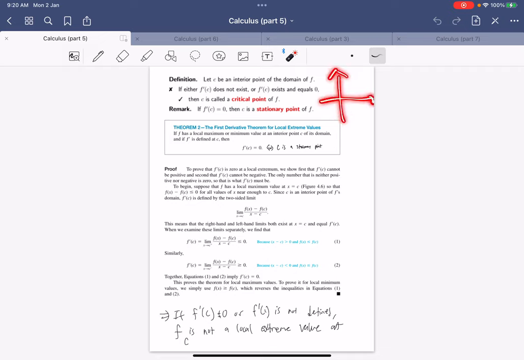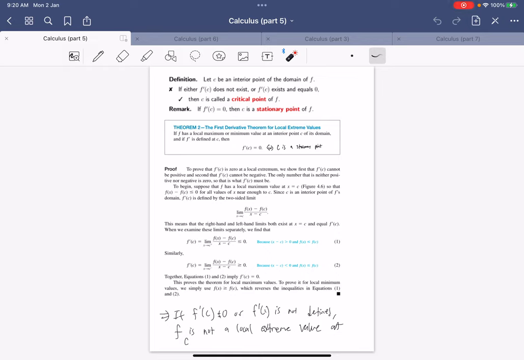An example is if a graph has a vertical tangent at one of the points, then it is critical but not stationary. And we can use the first derivative to determine whether it is a stationary point.